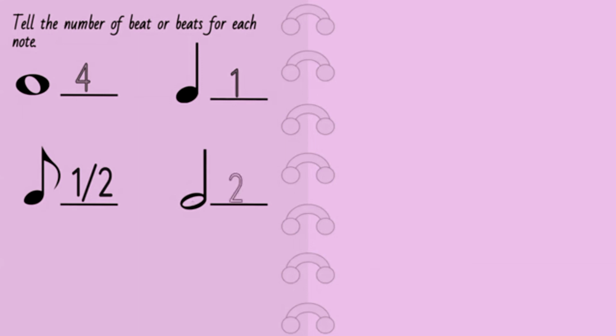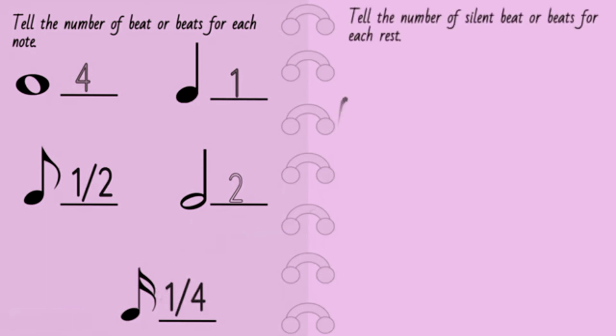Correct, 2. Okay, for this one, 2 flags already. This is called 16th note. How many beats? Correct, 1/4. Very good. Let's proceed to our silent beats of rest. This one, this is what we called a quarter rest, correct?